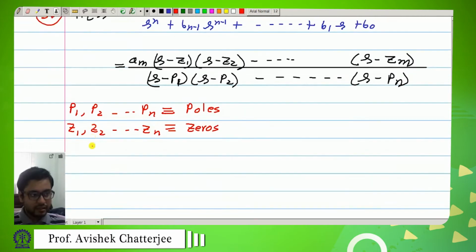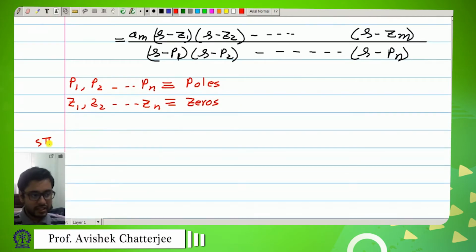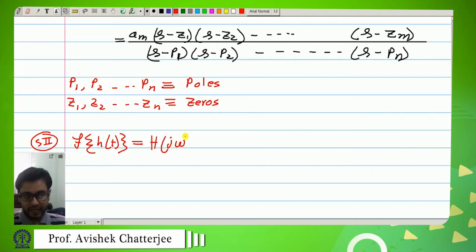Then next, step 2, we will find the Fourier transform of h(t), the impulse response, that is equal to capital H of j omega. Of course, this Fourier transform must exist.